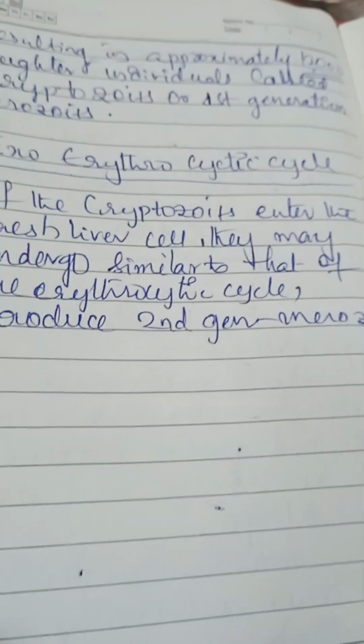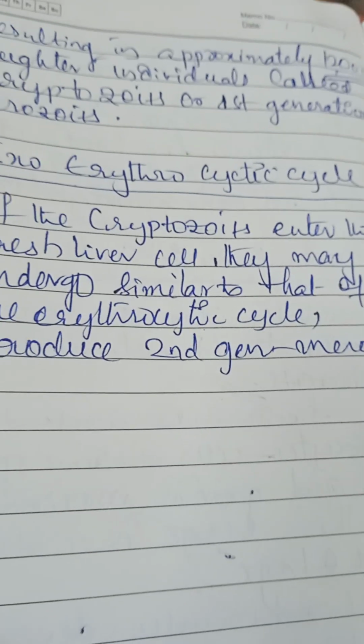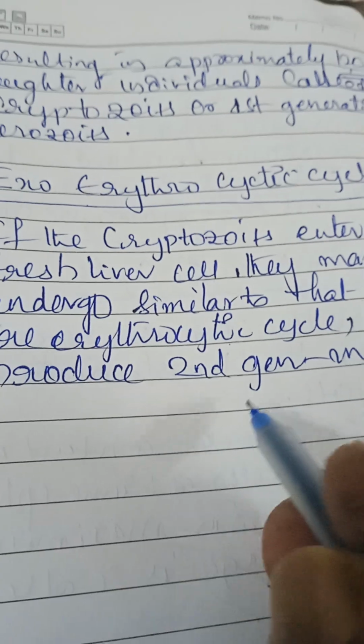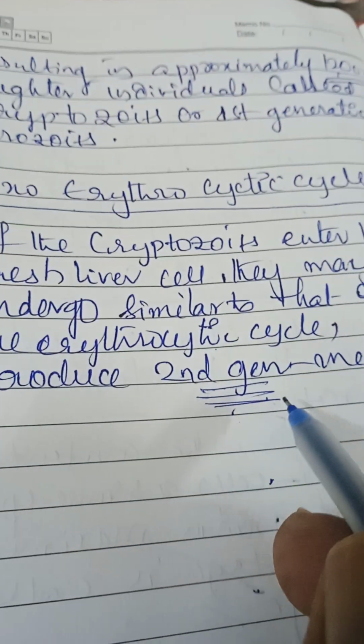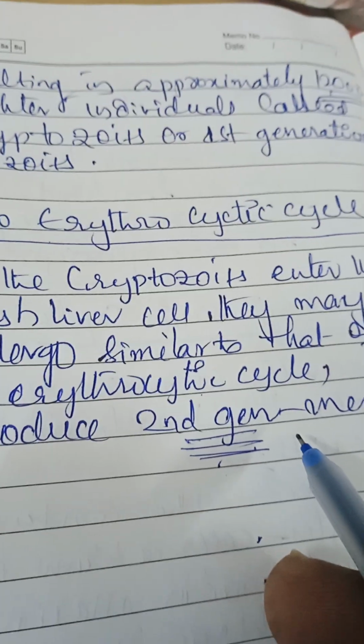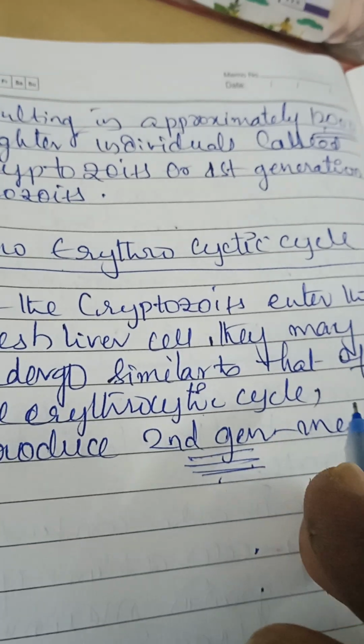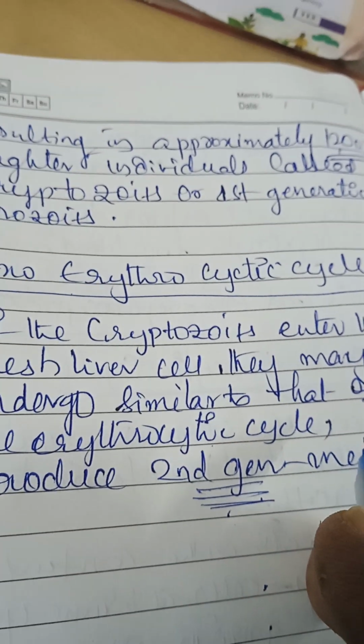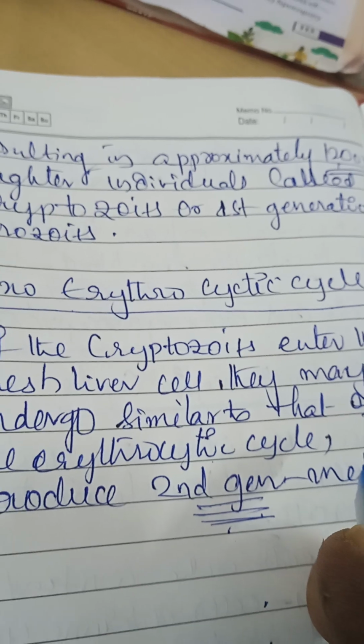So in the pre-erythrocytic cycle, first generation merozoites are produced, and in the exoerythrocytic cycle, second generation merozoites are produced.